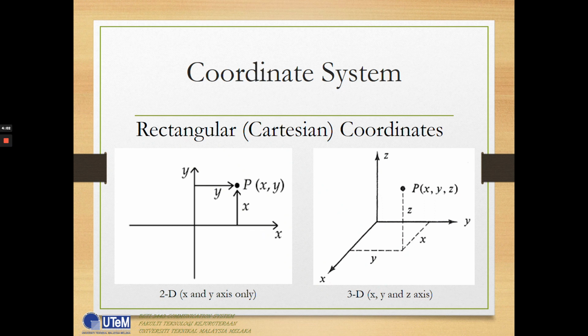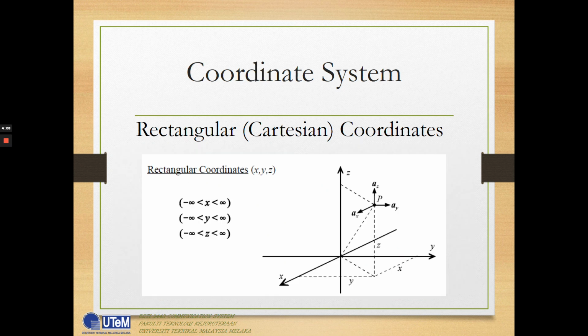We move on. This we know already, but I'm just giving you a jog in the memory, that's all. Remember one thing, the limits of the values of the coordinates are very important. In the rectangular coordinate system, we have x, y and z, which can go plus and minus.